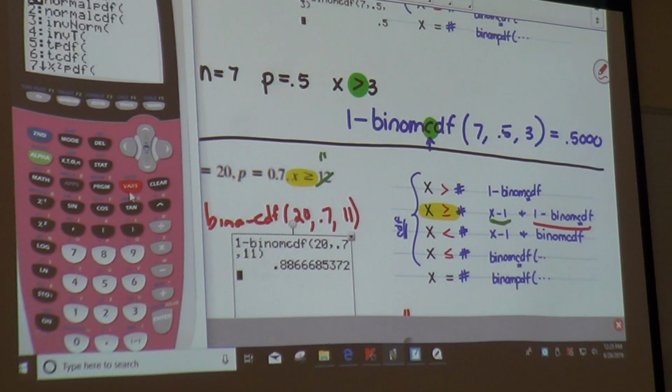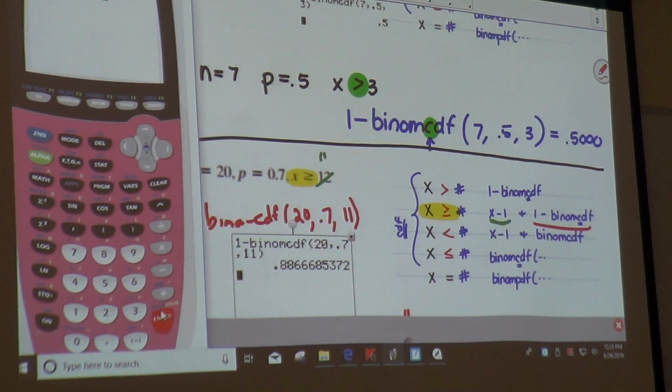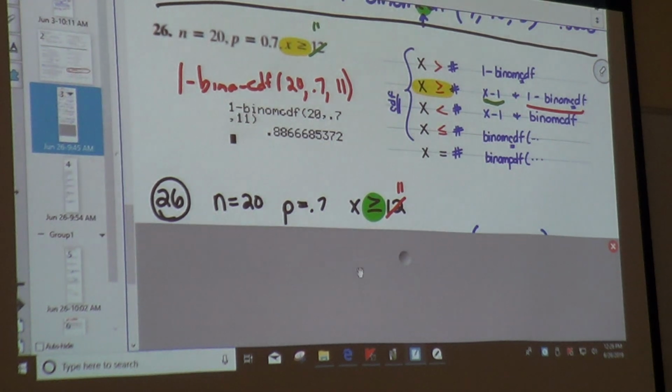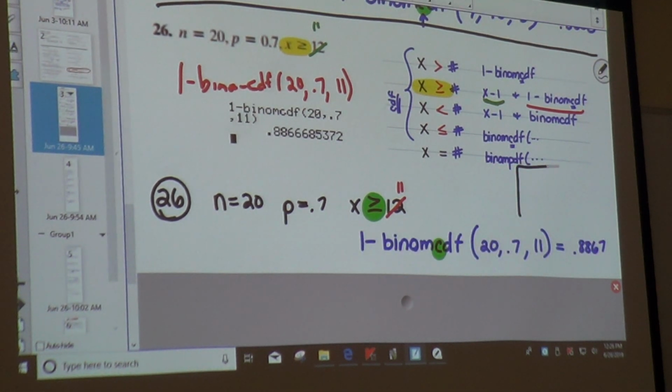Some calculators, when you go to do binomial CDF, it's going to come up and ask how many trials you have.